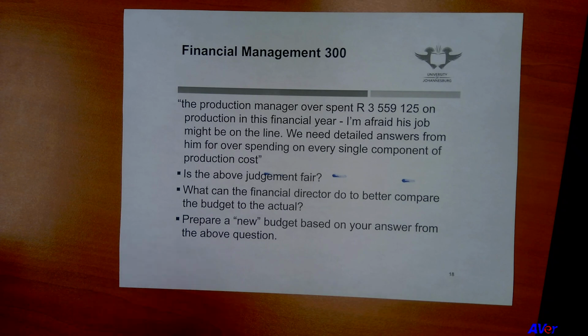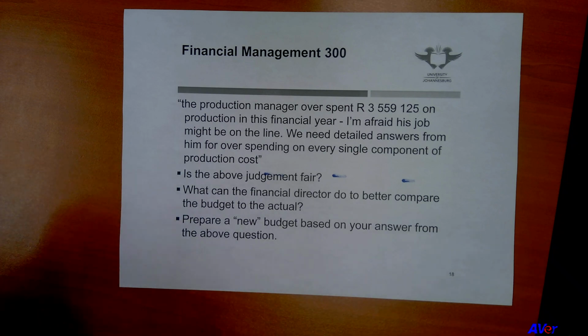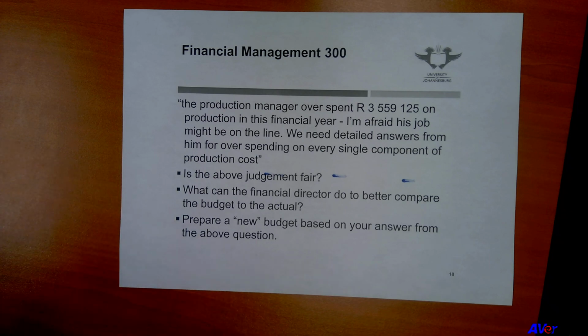We actually produced 115,000 units, right? So now there's already a difference of 15,000 units in terms of our production. Now, is it fair to fire the production manager based just on the fact that he has overspent by 3.5 million? Can we do more to make it a bit of a fair analysis in terms of his performance? What is it that we can do?